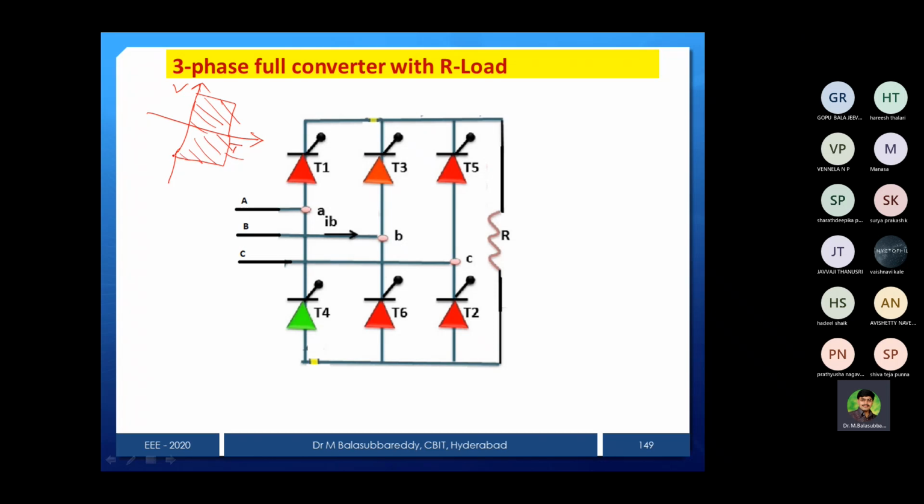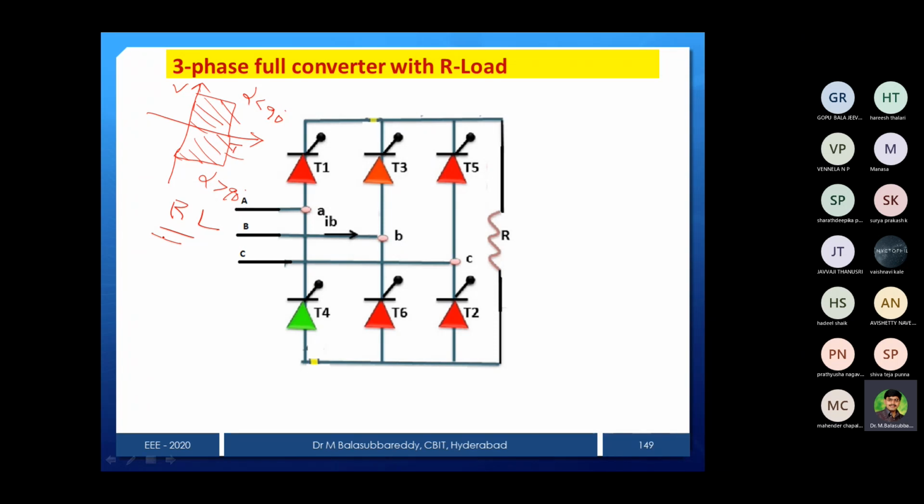You can observe that if alpha is less than 90 degree, it will give as a first quadrant. Alpha greater than 90 degree, it will give as a fourth quadrant operation for RL load. R load case, voltage and current is positive because for R load, voltage and current are in phase.